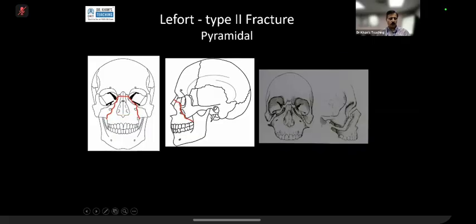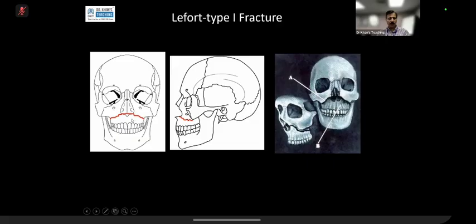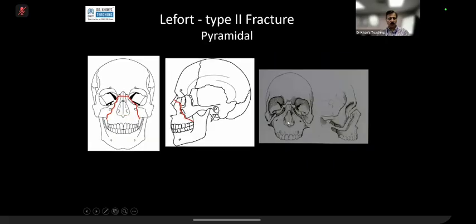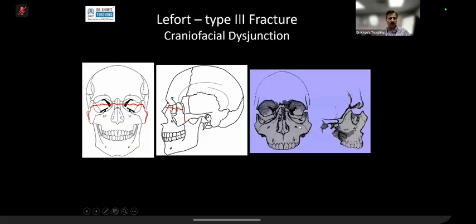In Lefort 2, the line passes through the maxilla and the medial wall of the orbit. So indirectly, the whole of the maxilla becomes free. In the first one, only the alveolar ridge was moving. Here, the whole of the maxilla becomes free.